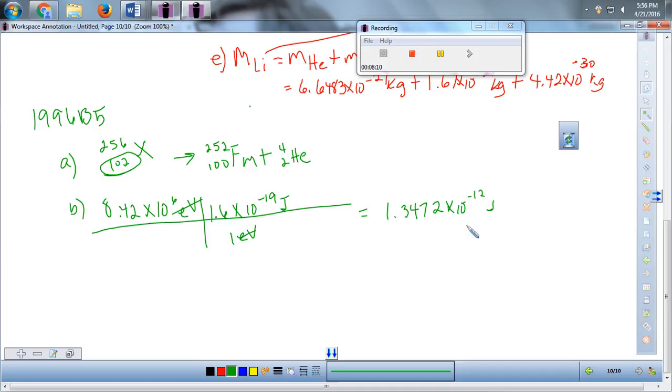All right, but before I can get a velocity, I have to do something with that mass, which is in atomic mass units. They want to know the velocity of the alpha particle, so I go back up to my problem and look up the mass of the alpha particle.